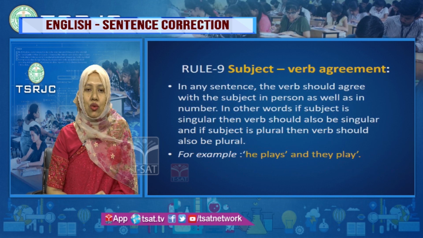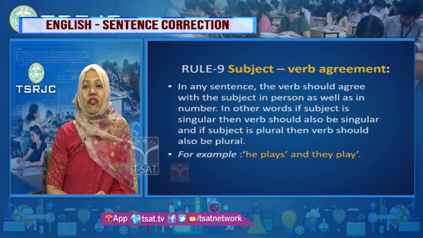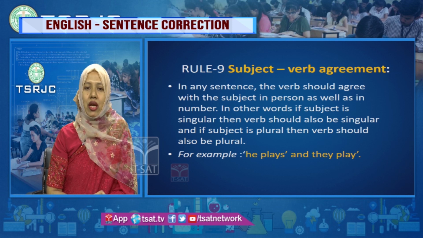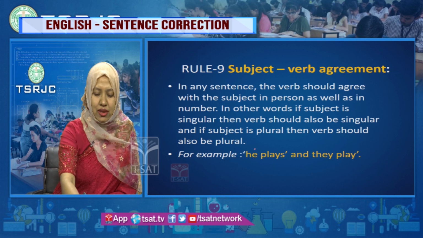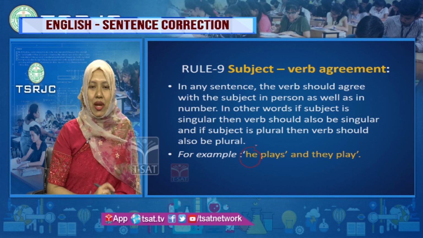Now, moving to the next rule, rule 9, subject and verb agreement. In any sentence, the verb should agree with the subject in person as well as in number. In other words, if the subject is singular, then the verb should also be singular. If the subject is plural, then the verb should be plural. I hope you know this rule. So, always remember in this example, he plays.